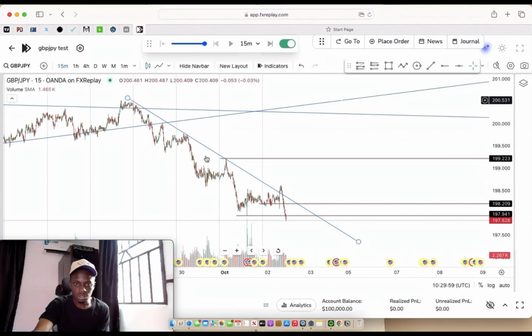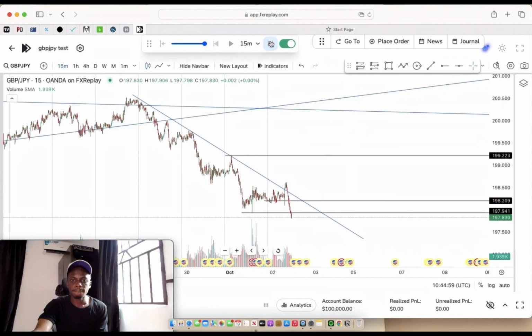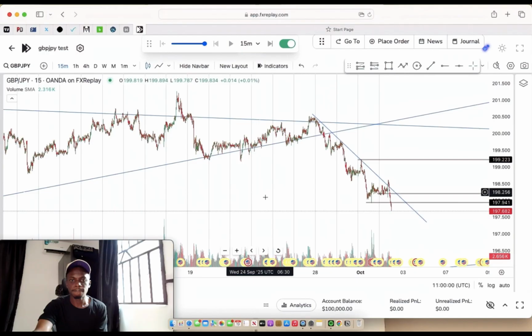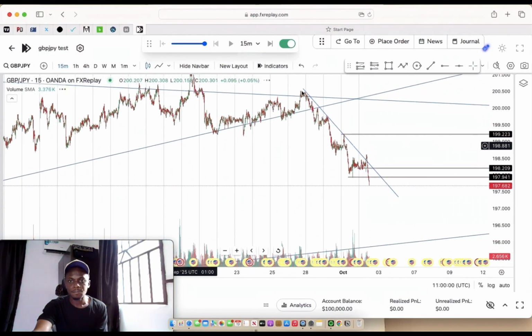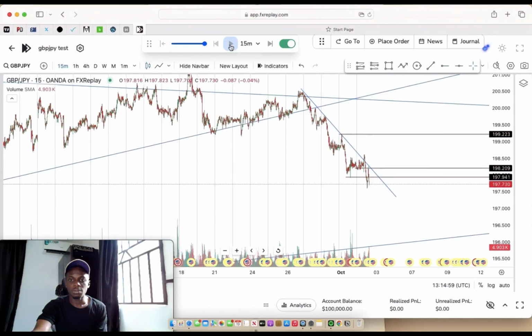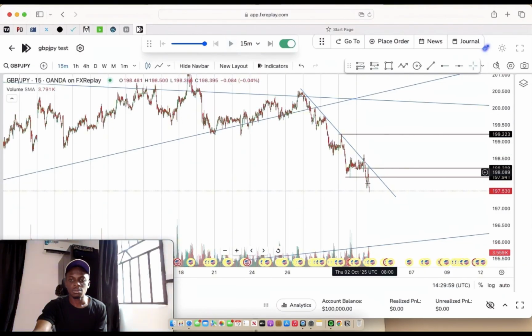This is not touch. Let's see this key level.